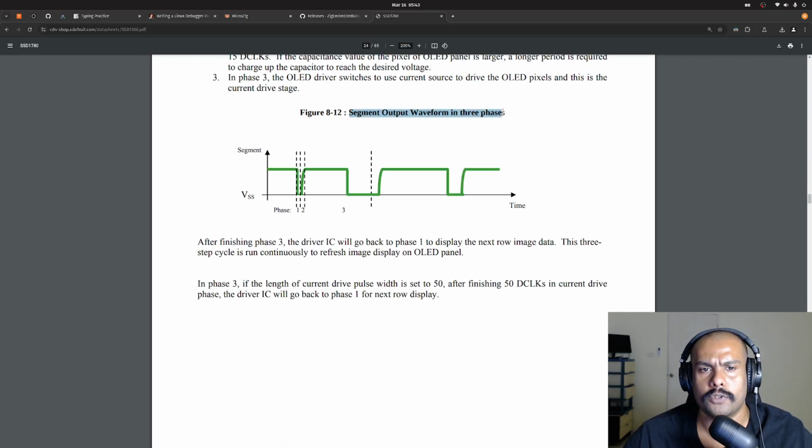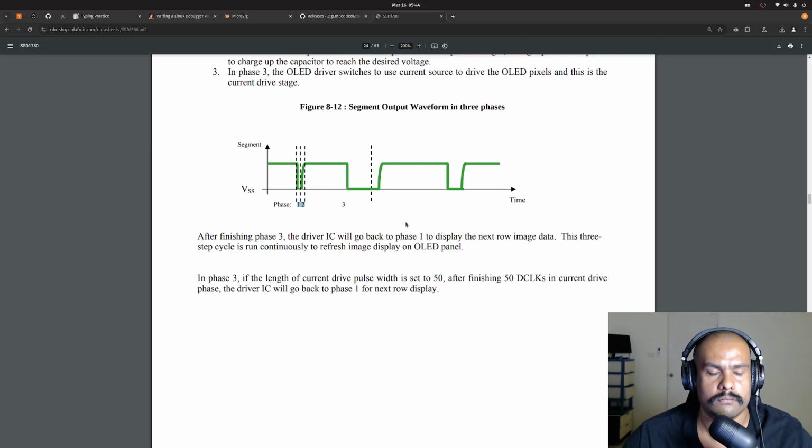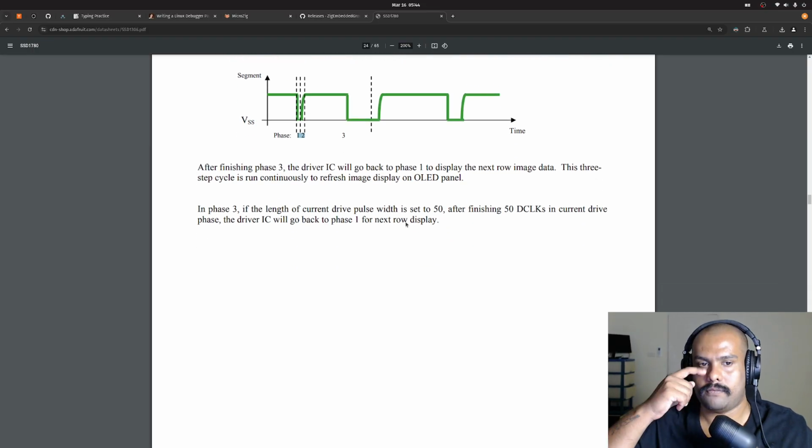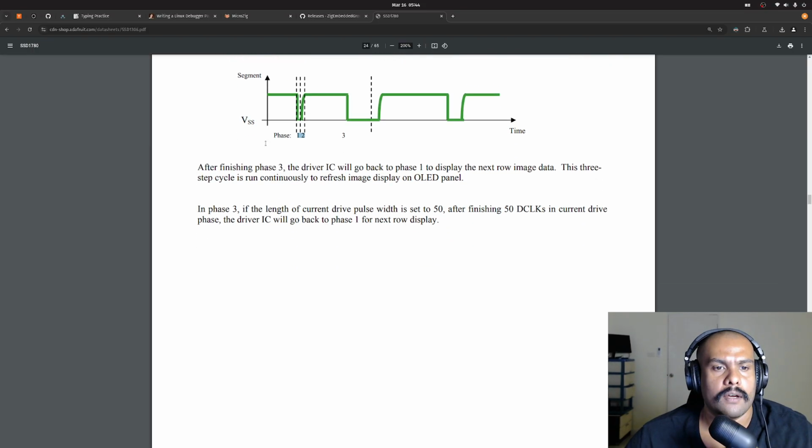Segment output waveform in 3 phases. One and two is like, all right, let's keep going. The finishing phase 3 driver IC will go back to phase 1 to display the next row image data. This 3-step cycle is run continuously to refresh image display on OLED panel.